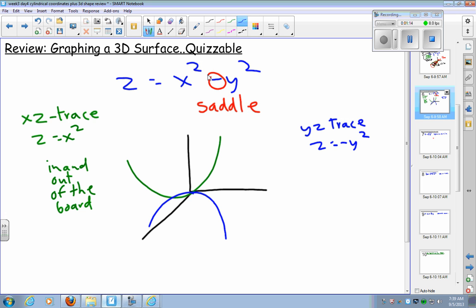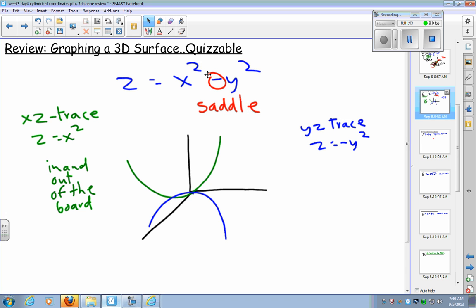And this is hard to see unless you maybe get your hands out and kind of create your own parabolas, but that's the saddle part, okay? You could kind of argue that the blue is hovering around the base of the horse, or the body of the horse, and then the green is kind of the saddle part that you get a hold on to, and the horse is trotting into the board or trotting away from the board.